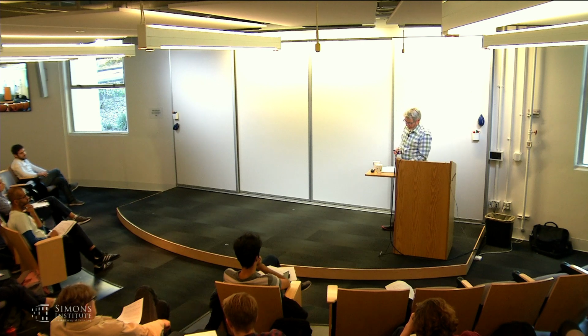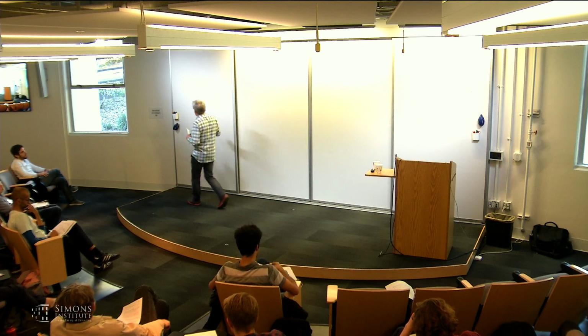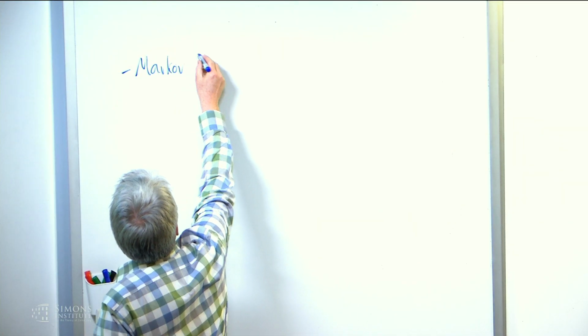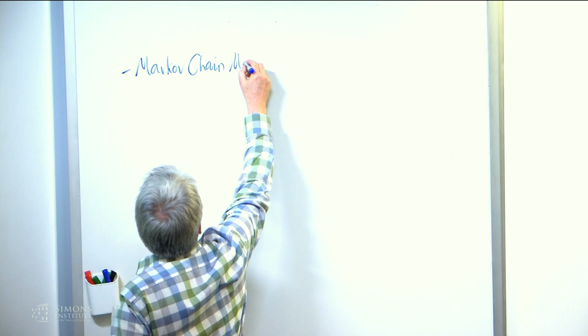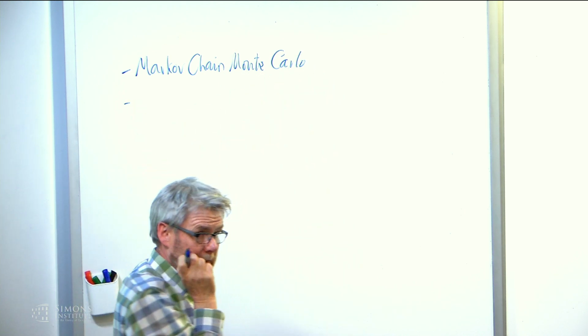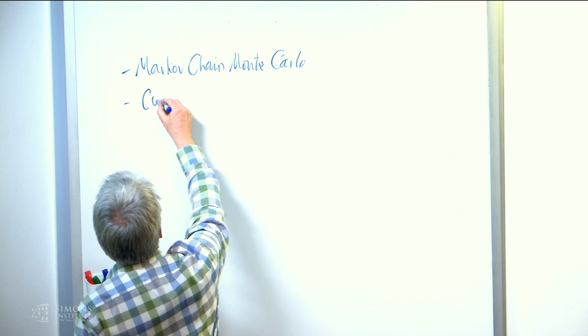I guess there are three generic methods that are widely used. So there's Markov chain Monte Carlo algorithms. There's algorithms based on correlation decay.